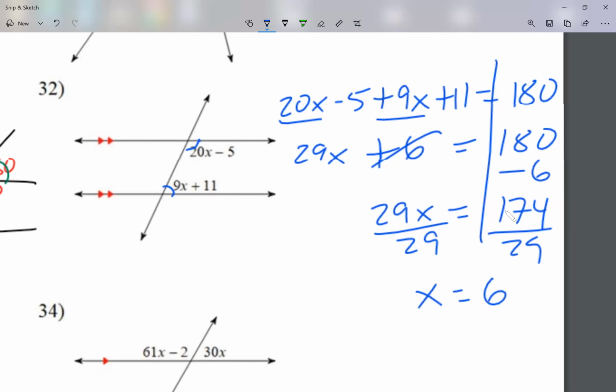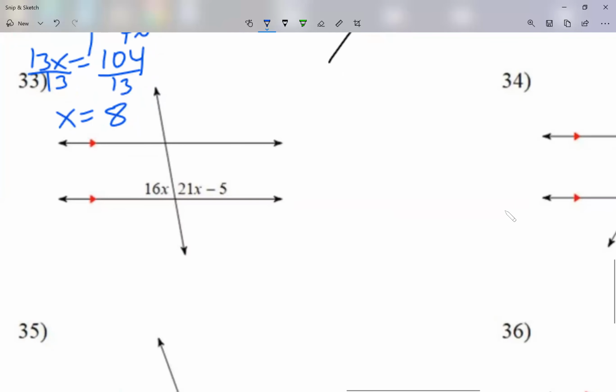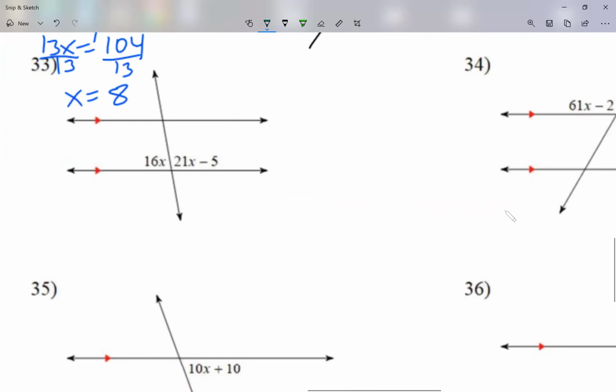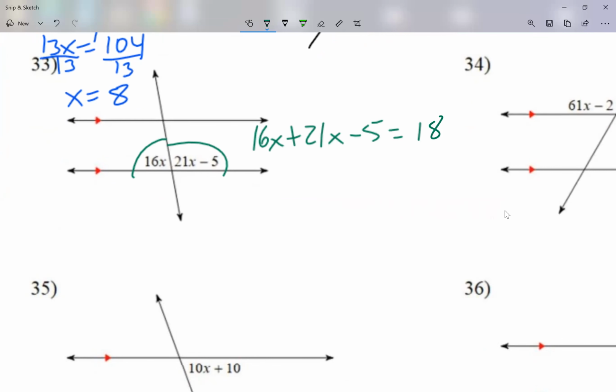Okay, not too bad. Take a look at number 33. I'm looking at this angle with this angle. That looks like linear pair. Remember I said linear pair angles add up to 180. So I'm going to go 16x plus 21x minus 5, and all of this is equal to 180. Let me combine like terms. When it comes to x, 16 plus 21 is 37.